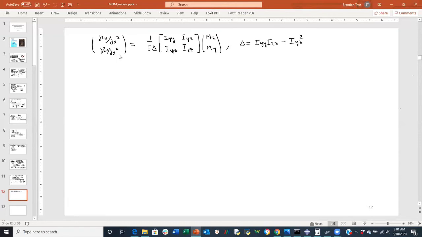So with this term, we're able to find the curvatures with respect to the given inertia, the moments, and the material properties, all of which we should be able to solve when beginning the problem.